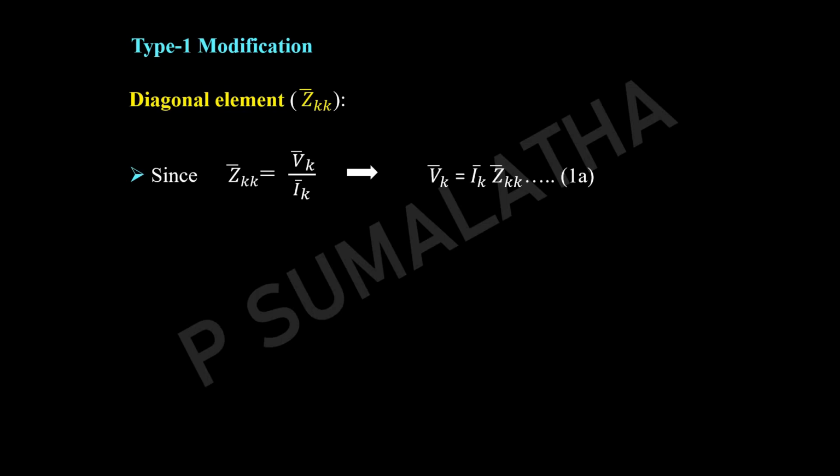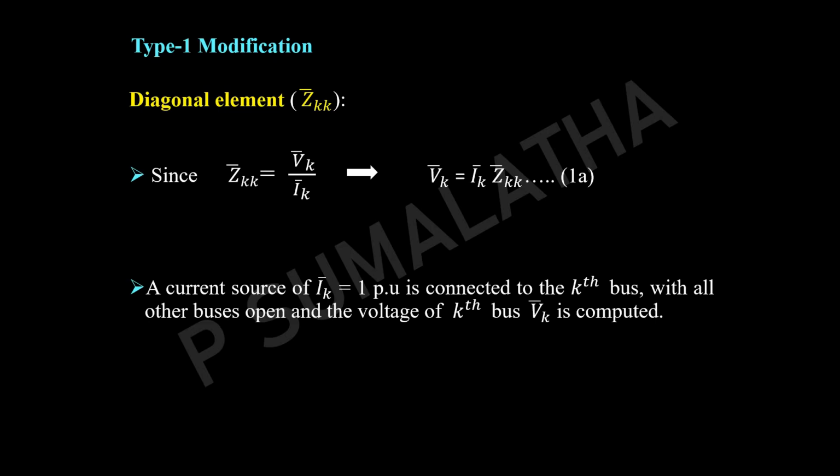The kth node we have just now brought newly to the existing network. So to get it, here we are going to use the current injection method. What will be the magnitude of the injected current? We just inject 1 per unit to the kth bus and we assume all other buses are open circuited, and we will compute the voltage with respect to the kth node.